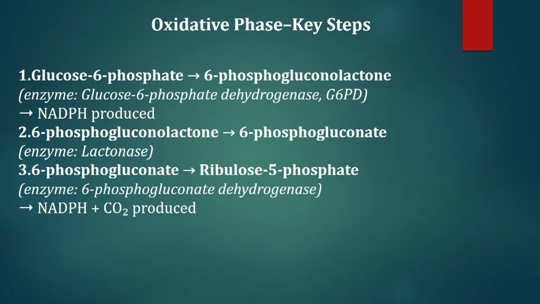Now here, students, from ribulose 5 phosphate there is the formation of ribose 5 phosphate, and that ribose 5 phosphate is the precursor molecule for the formation of nucleic acids.